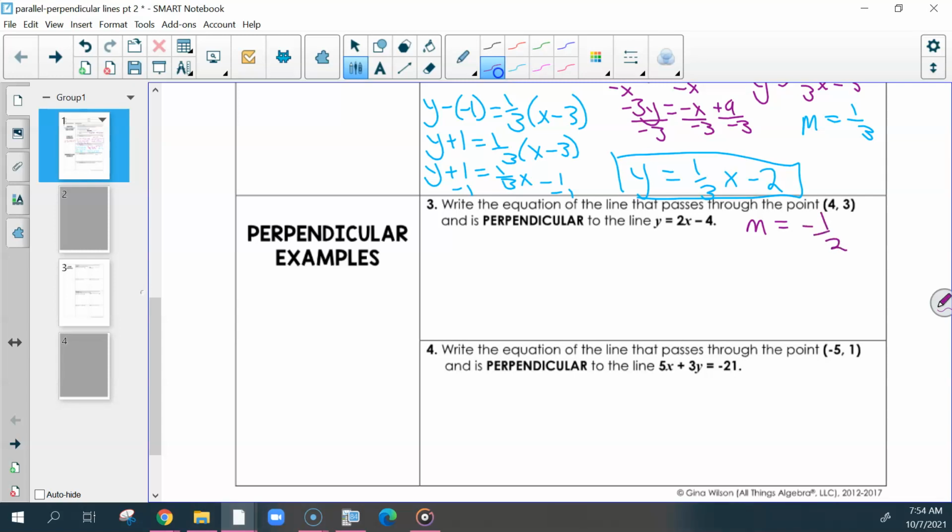You have to do that first, otherwise everything else gets done wrong. But once you have that piece, then the process is the same. Put that and your point into the point slope formula. Y minus 3 equals negative 1/2 times x minus 4 and keep going.